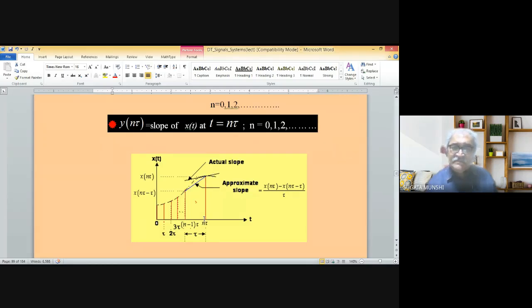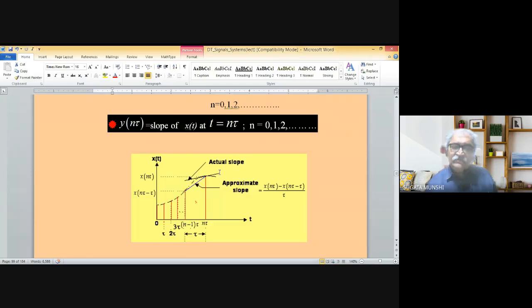But in that case, for computing the derivative y n tau, you require knowledge about a future value, x n tau plus tau, a value that hasn't yet occurred. So that would have been called the forward difference relation.